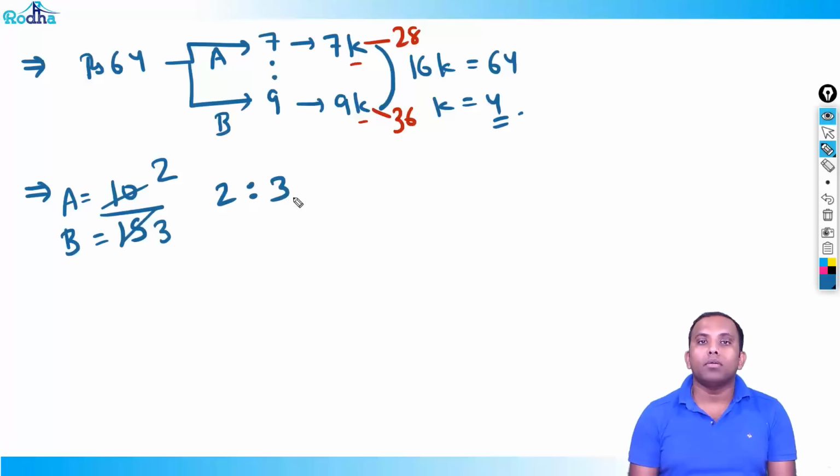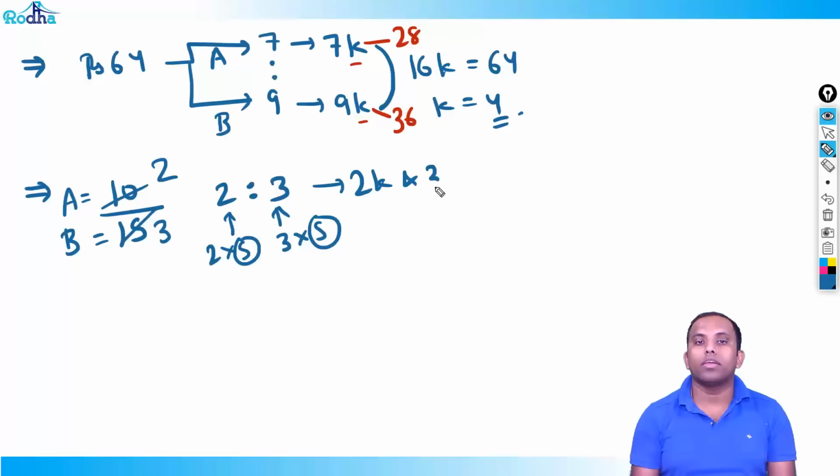But I've cancelled by the same amount, right? If I want to come back to 10 and 15, I've cancelled by 5, so this is 2 into 5 and this is also 3 into 5. So this is nothing but 2k and 3k. If something is in the ratio of 2 is to 3, I can assume it as 2x and 3x or 2k and 3k. This variable should be the same.